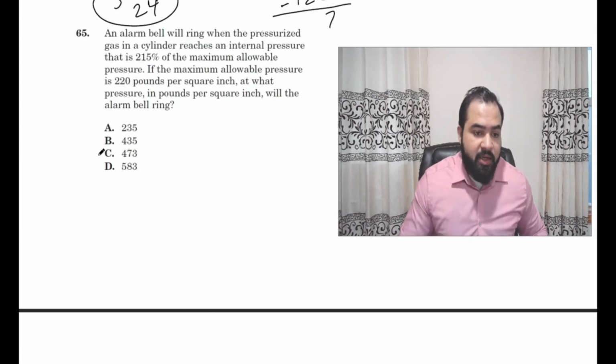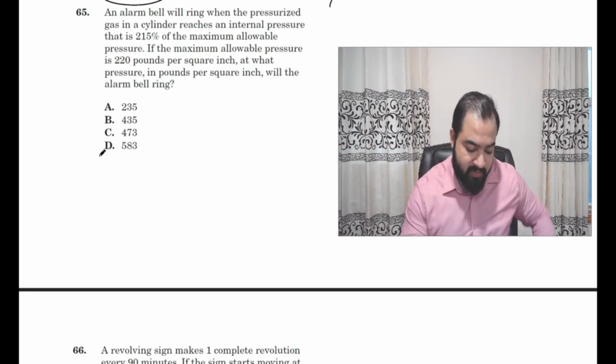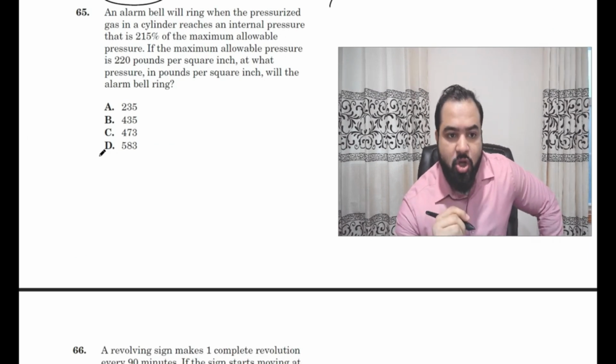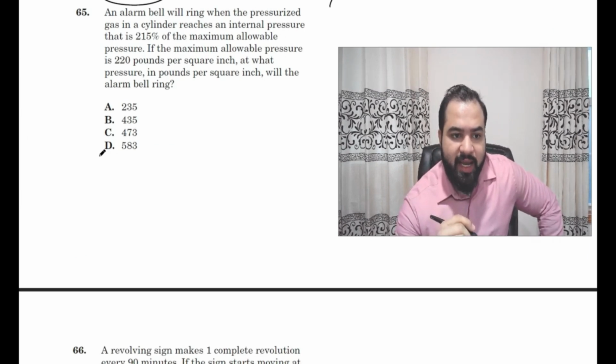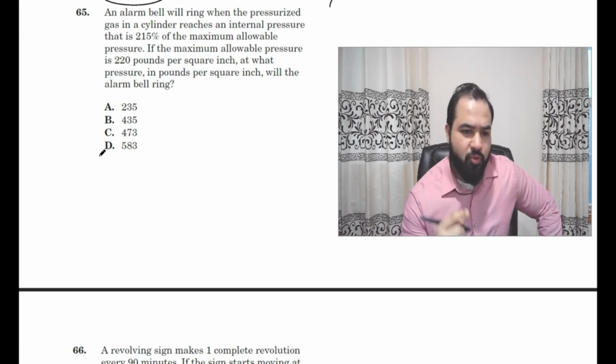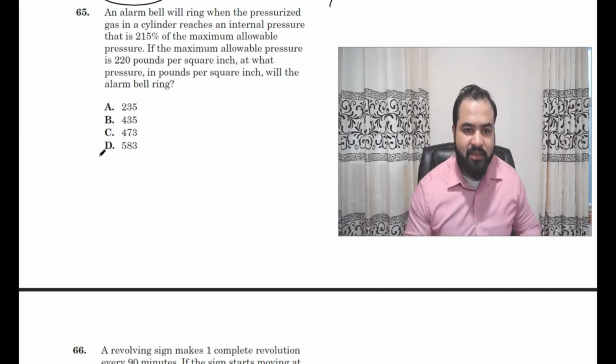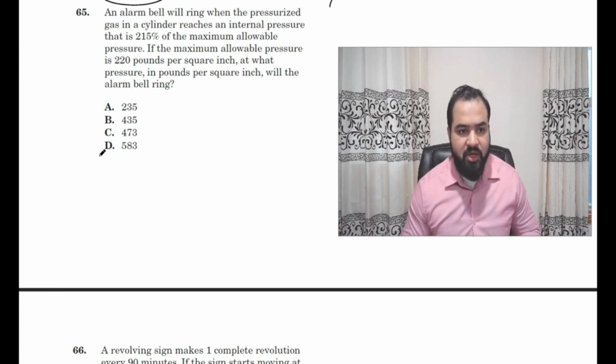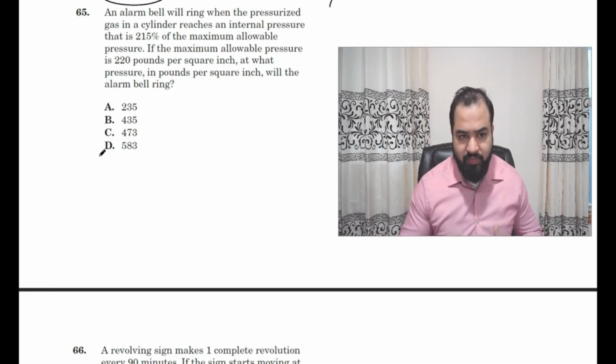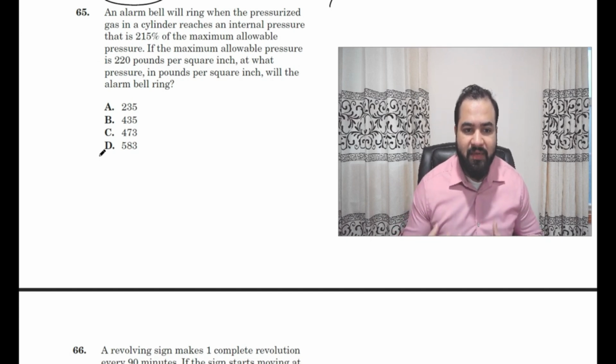Now, number 65 says an alarm bell will ring when the pressurized gas in a cylinder reaches an internal pressure that is 215% of the maximum allowable pressure. So the alarm will ring if the pressure goes to 215% of the maximum allowable pressure.